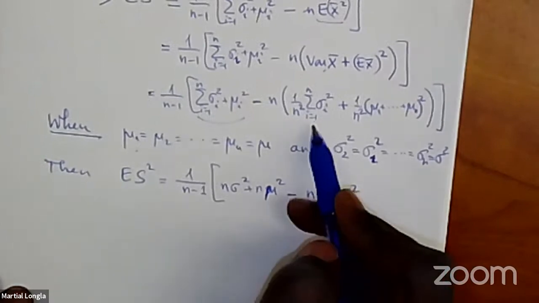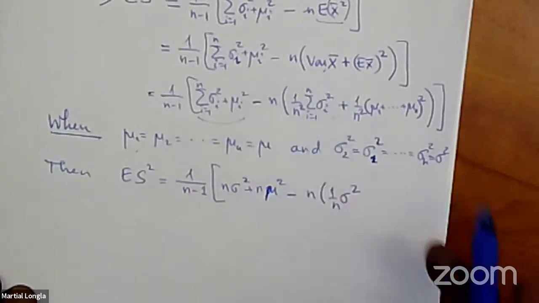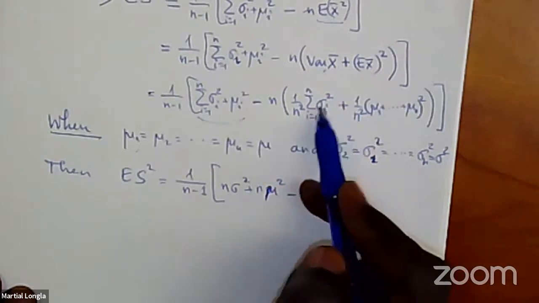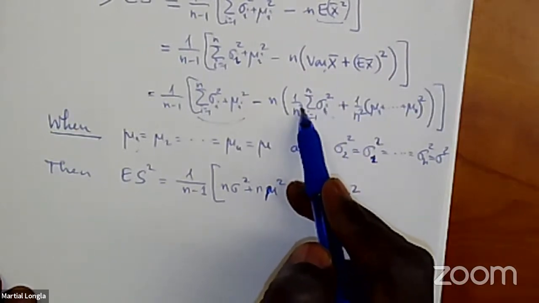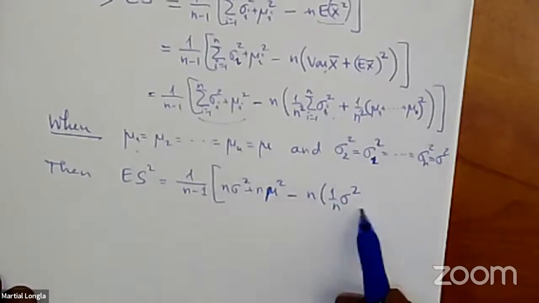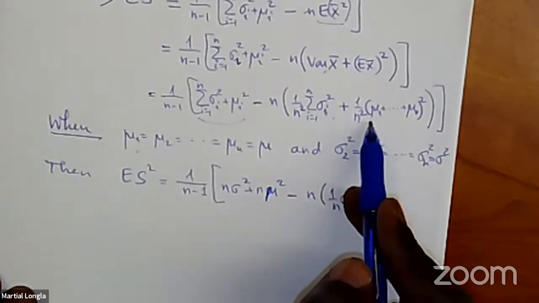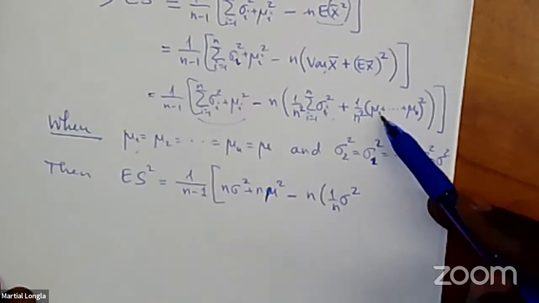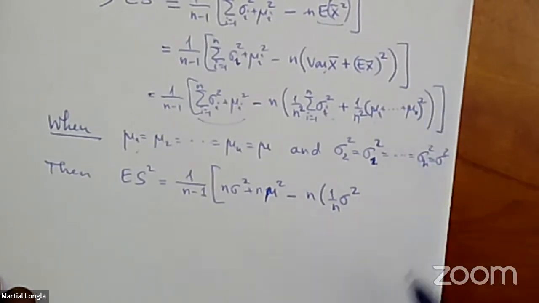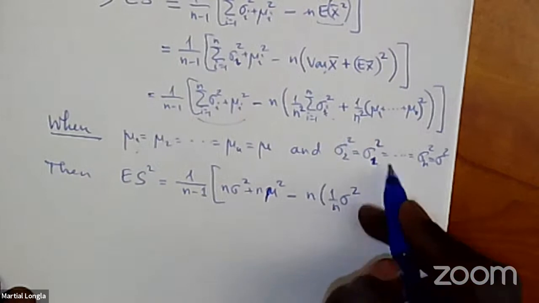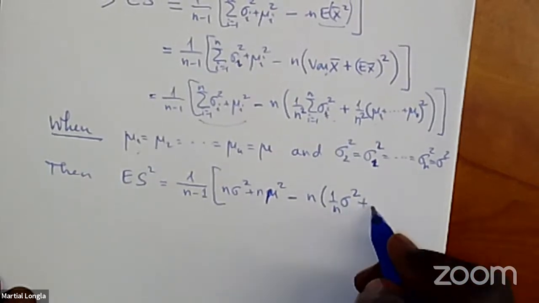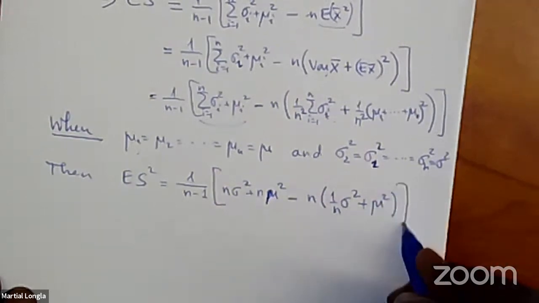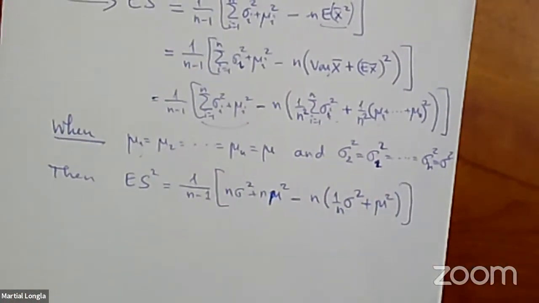So here in this one, when they are all equal, that is again sigma squared for all of them times n, and then you had 1 over n squared. So it becomes sigma squared over n. And this one, because all the means are equal, is n squared times mu squared over n squared, which is just mu squared.